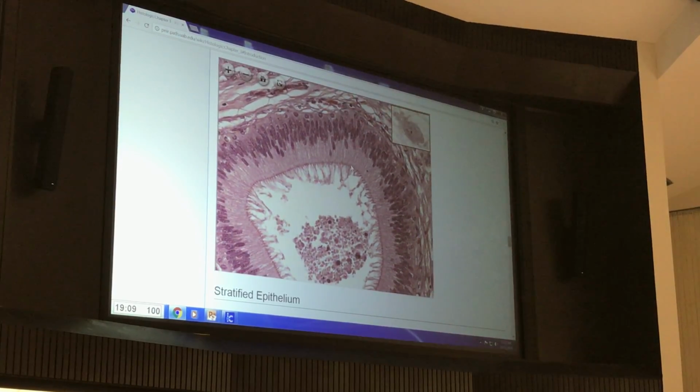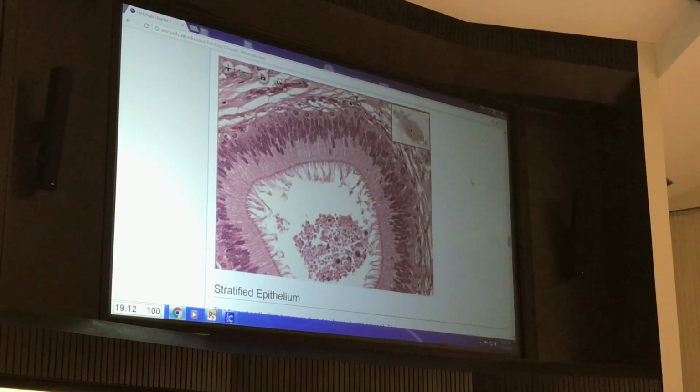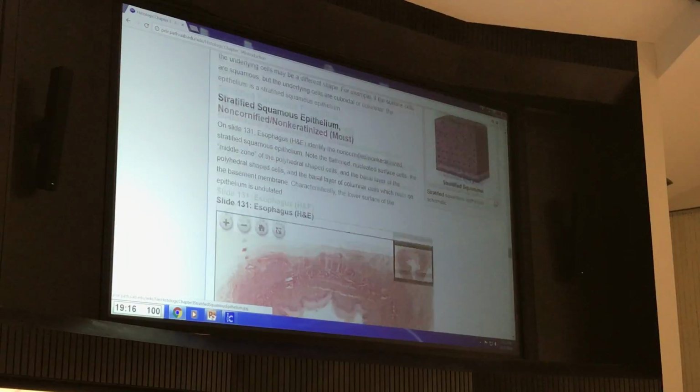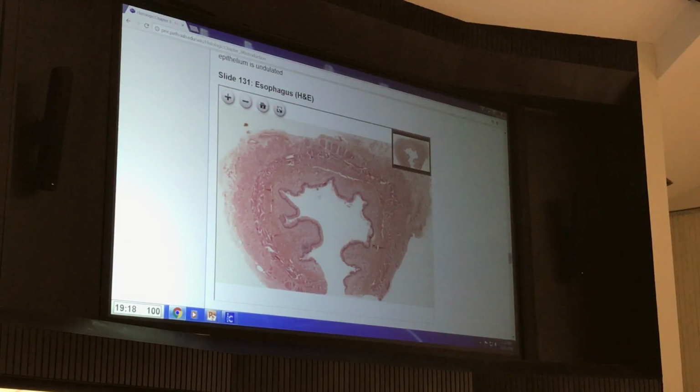Okay, let's go on to our stratified. So here's our non-keratinized. So where do we find the non-keratinized? Oral cavity, esophagus, vaginal canal, right? So let's look at this. The lumen is disconnected here.